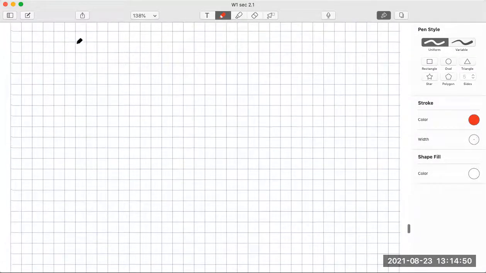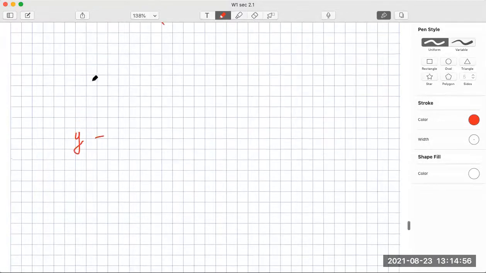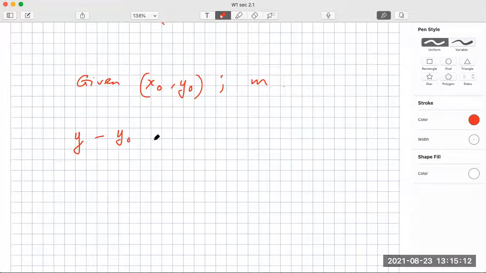So remember, in general, if we're given the point x0 and y0 here, and the slope, we have the formula y minus y0 is equal to m times x minus x0, right?